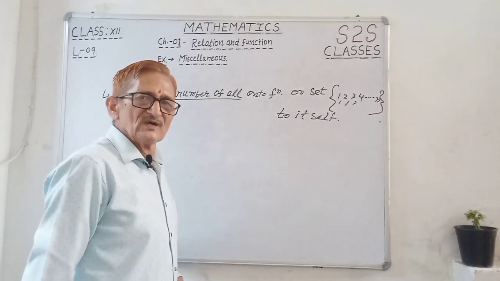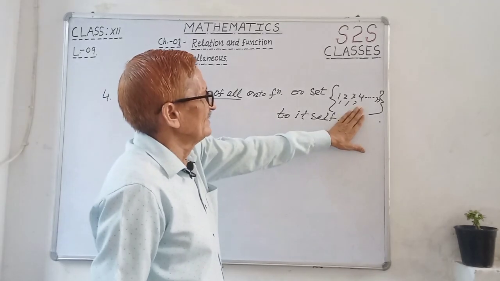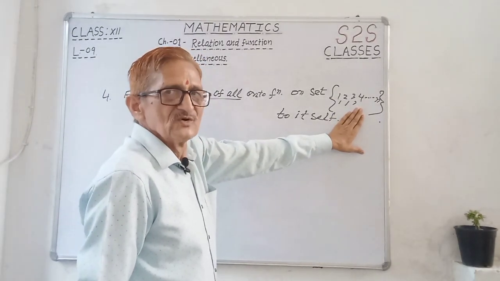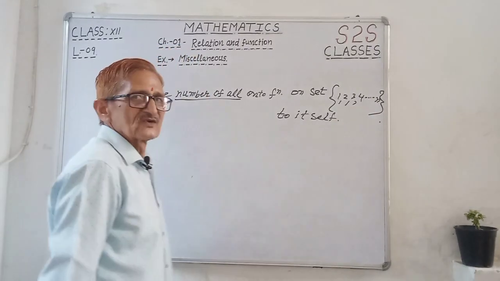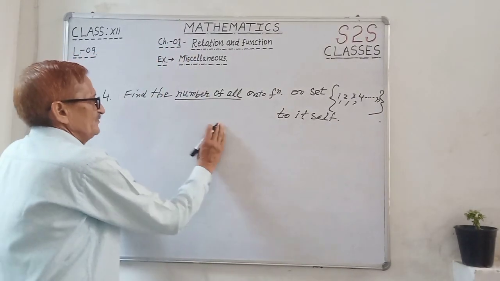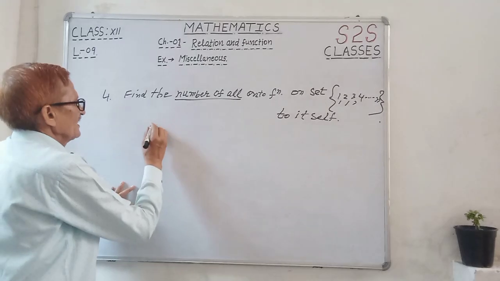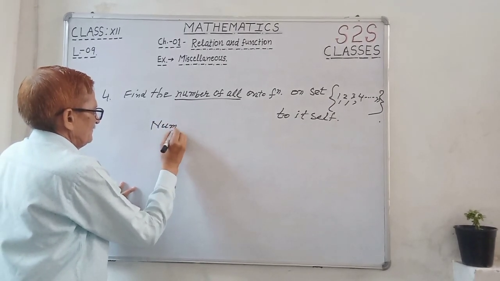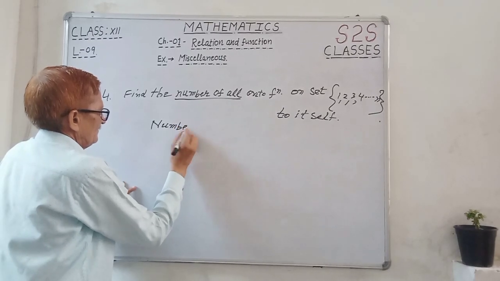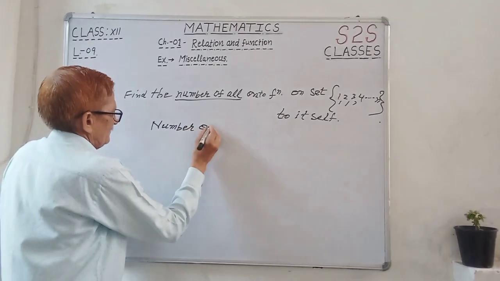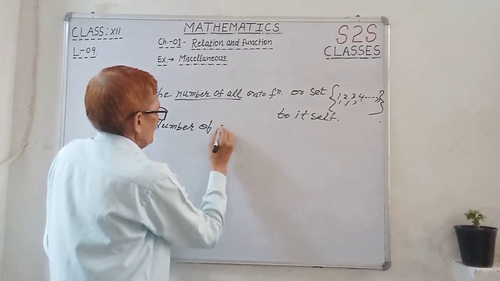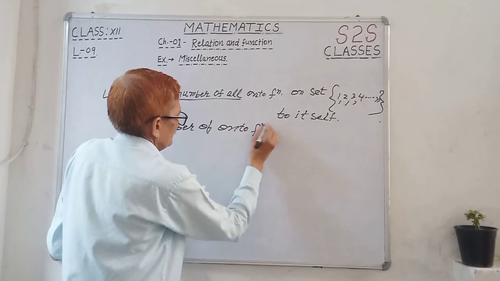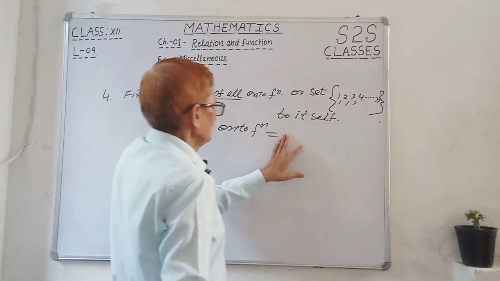So it means no element left here, and the range must be the same. So we can say factorial n directly. So we have to say that the number of onto functions is equal to factorial n.